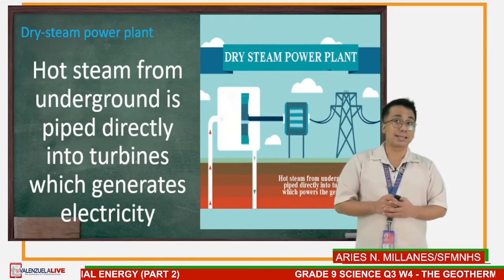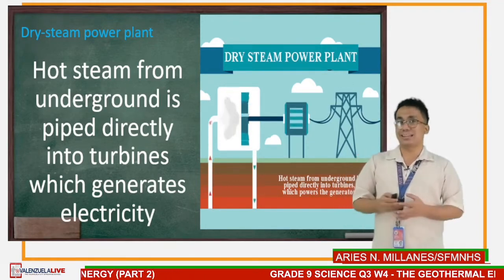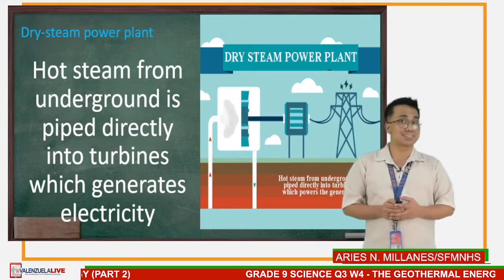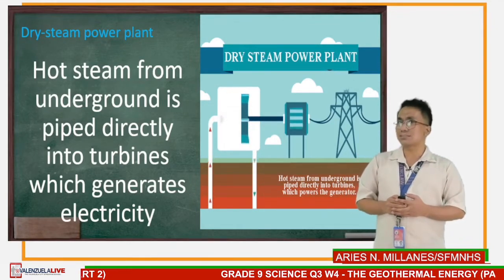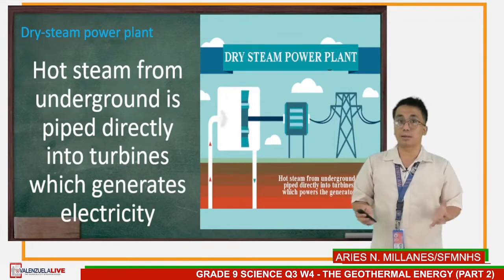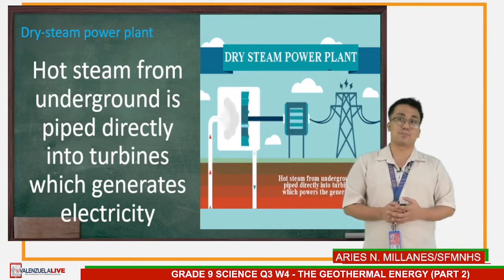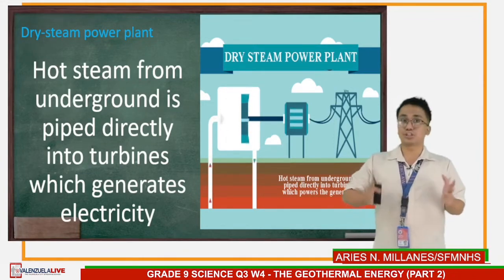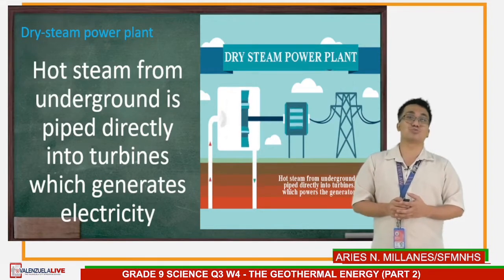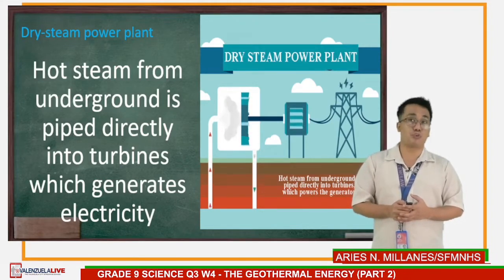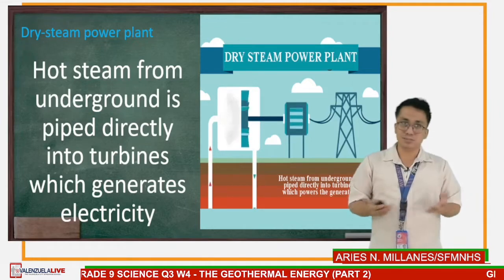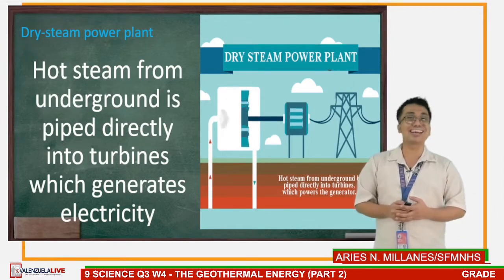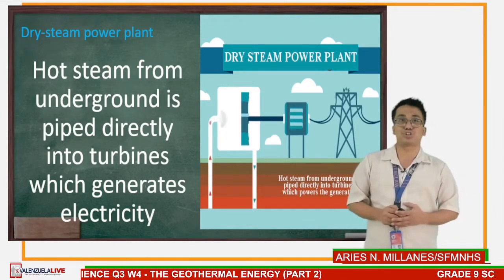It only means that it creates fewer greenhouse gases that speed up global warming and climate change. Surely, geothermal energy is one of the cleanest forms of energy that we can extract naturally.